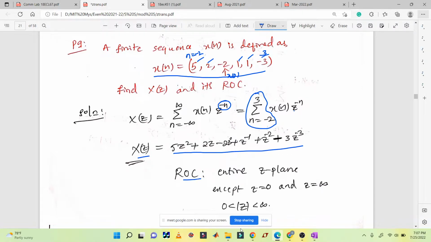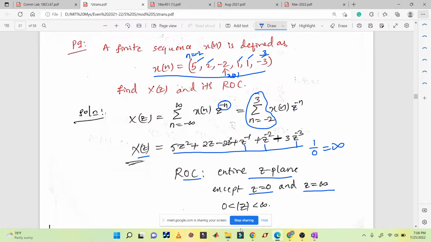For ROC, it is the entire Z plane except z equal to 0 and infinity. If you substitute 0 for the terms 1 by z, 1 by z square, minus 3 by z cube, they will become 1 by 0, which means infinite.